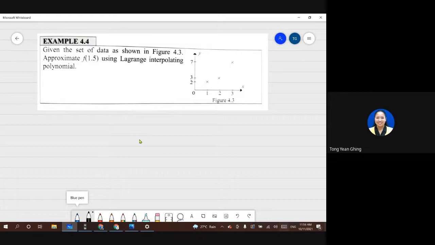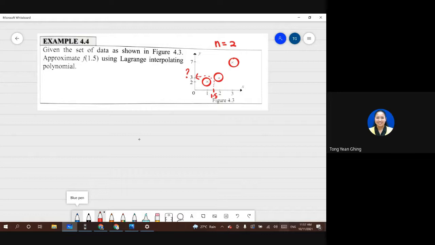Now how many points do we have? 1, 2, 3. We have 3 data points, so that means n is 2. And we want to know when x is 1.5, what is the value of y?